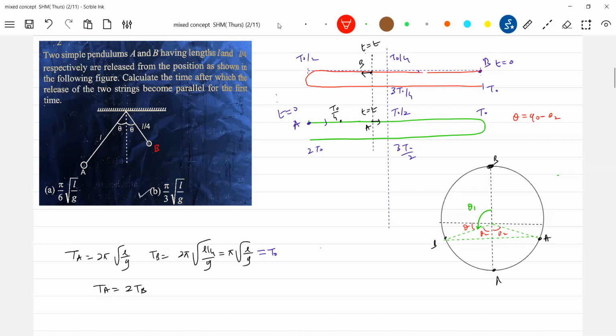So this should be equal to how much? Theta 1 by the time taken by B should be equal to 2 pi by T naught.